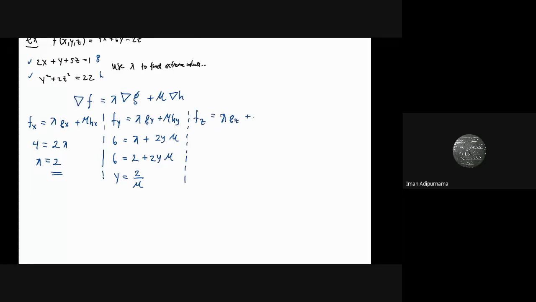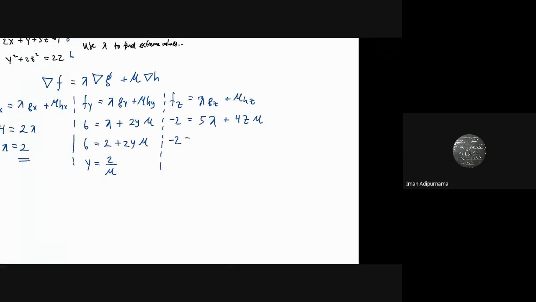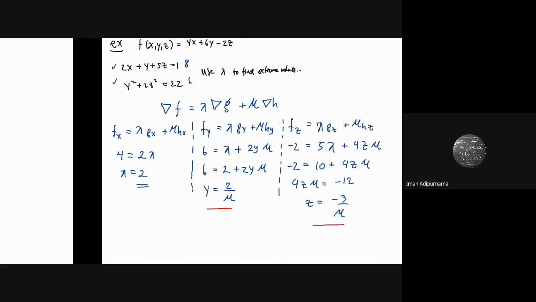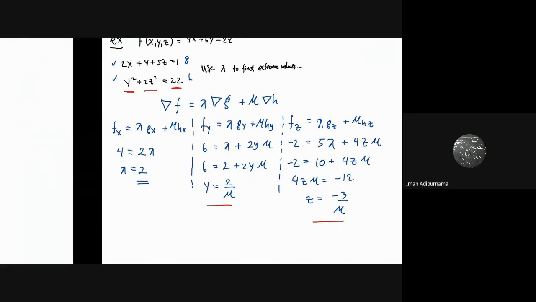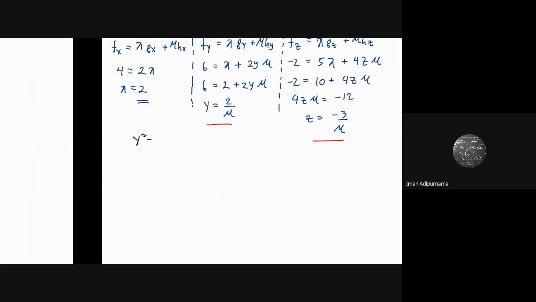So -12 equals 4z mu, so z will be -3 over mu. So we have now y and z, only y and z, to put into our constraint. So we can write y squared plus 2z squared equals 22.